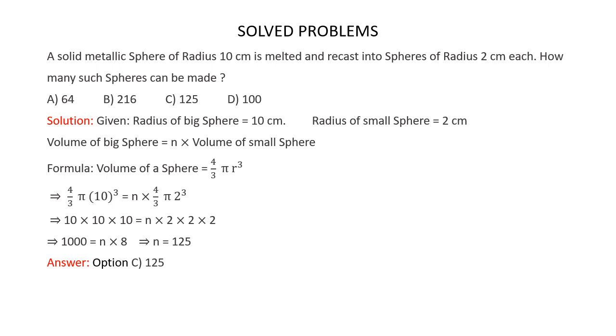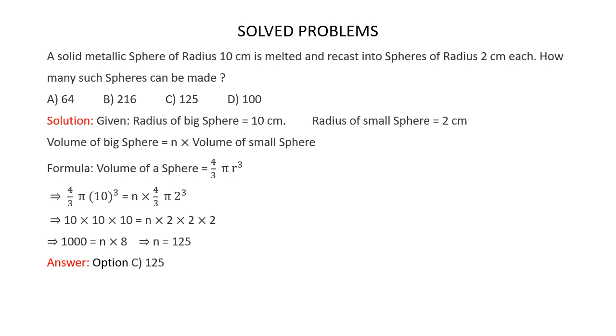So here you are asked to find out how many spheres can be made if a solid metallic sphere of radius 10 centimeter is melted and recast into spheres of radius 2 centimeters each. So here it's given that the radius of the big sphere is 10 centimeters and radius of the small sphere is 2 centimeters.